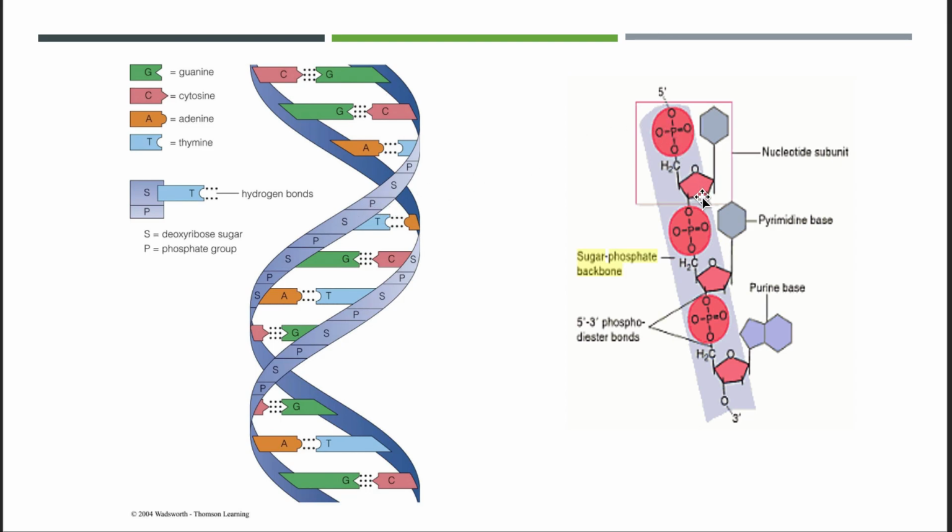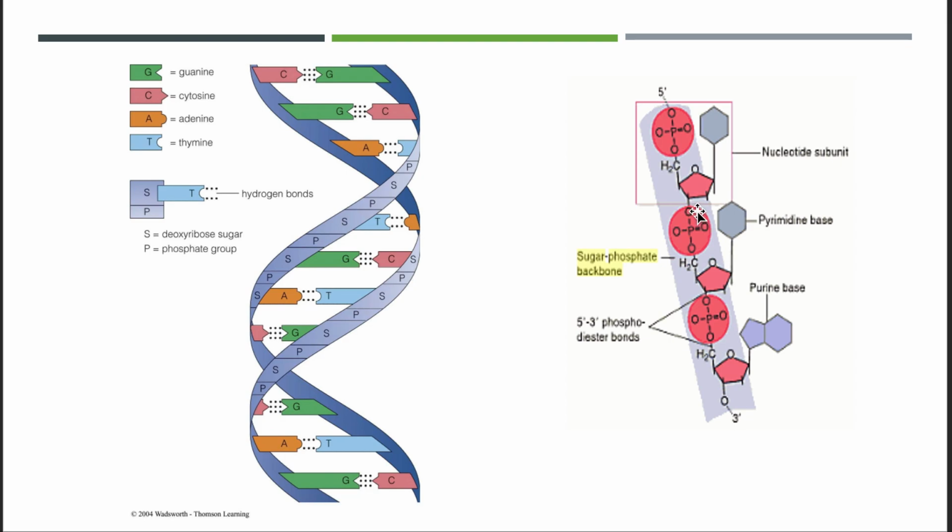The sugar and the phosphate units are joined together via phosphodiester bonds. If we can see here, the 5th carbon atom of the pentose sugar is attached to a phosphate group.